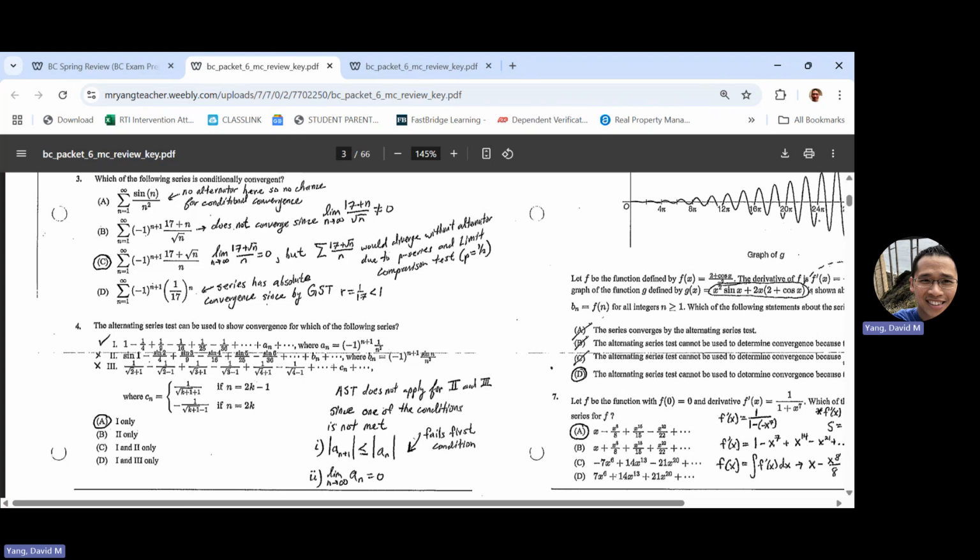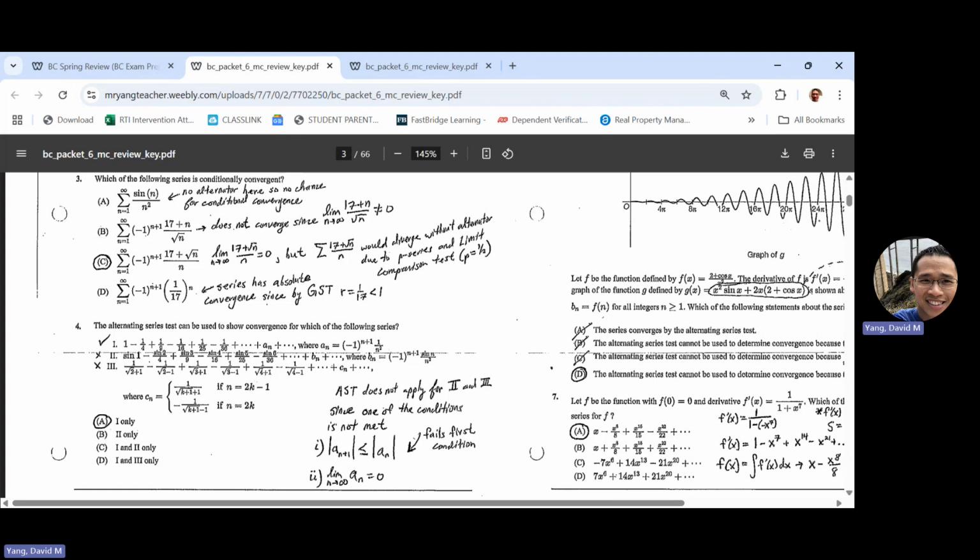But technically, it needs to also meet the second criteria, which is a sub n plus 1 has to be less than or equal to a sub n. Every subsequent term has to be less than the previous one, at least the absolute value of it. And most of our problems, we never had to worry about passing this one and not the other one. But with these piecewise functions, we have to look at each term to see, is every term decreasing?